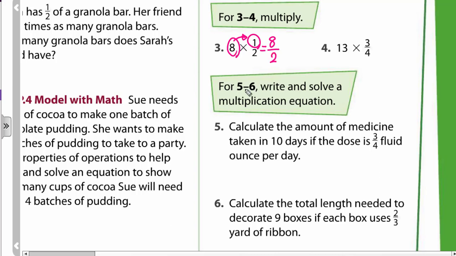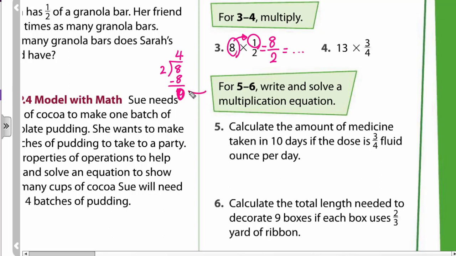Okay, now this is an improper fraction. So we need to write it as a mixed number. Let's do it. 8 divided by 2 equals 4. 4 times 2 is 8, so the remainder is 0.